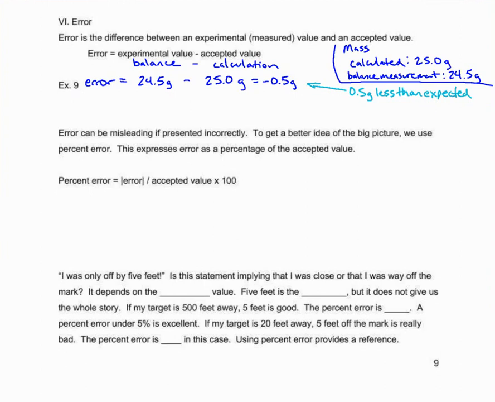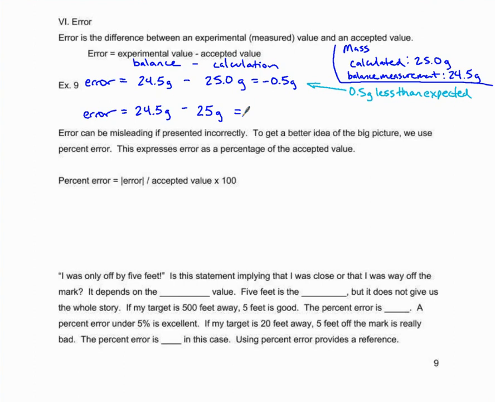So now let's say that we messed up our significant figures, something that we've been talking about for a few sections now. So we look at our balance and we measure it at 24.5 grams, just like before. But let's say in our calculation, we changed the significant figures and we came up with 25 grams.